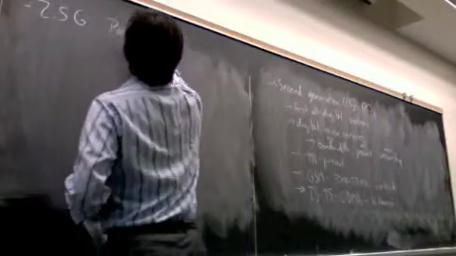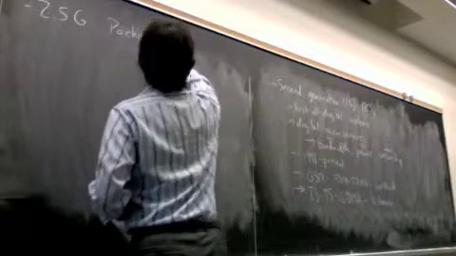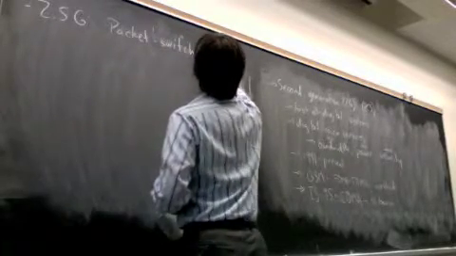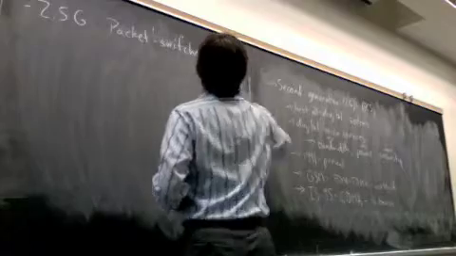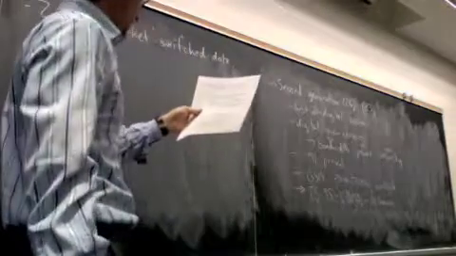So we don't jump directly from 2G to 3G. In between, we have something called 2.5G. And that is basically packet switch data. Under that heading, we've got a couple of protocols.